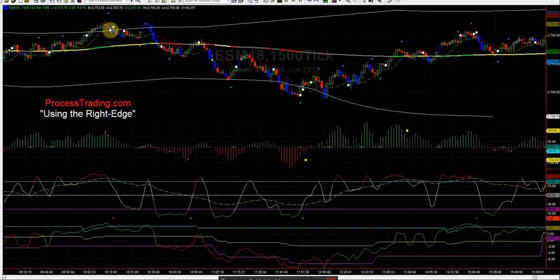So then you can go over here, and at this point, there's another counter trend trade accordingly, because price has hit the contraband. There's a timing alert dot.